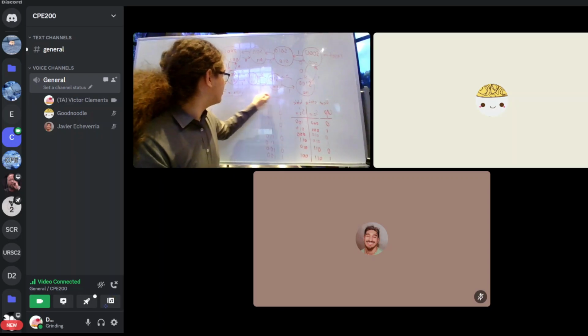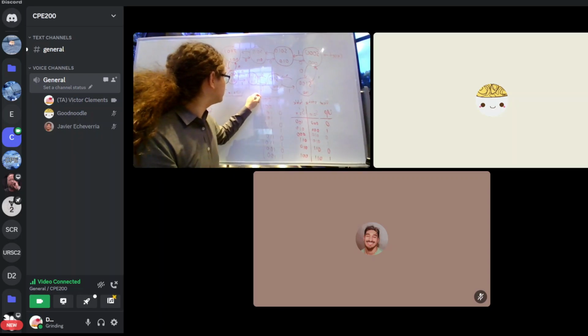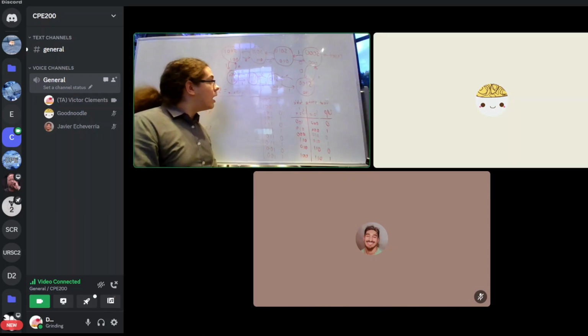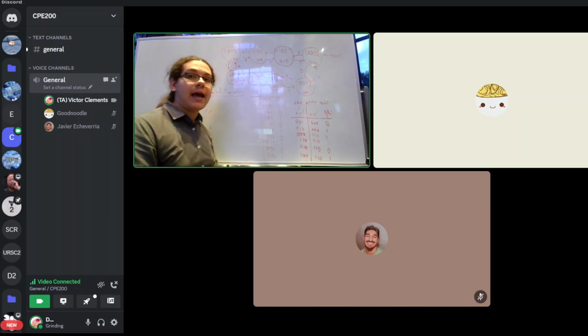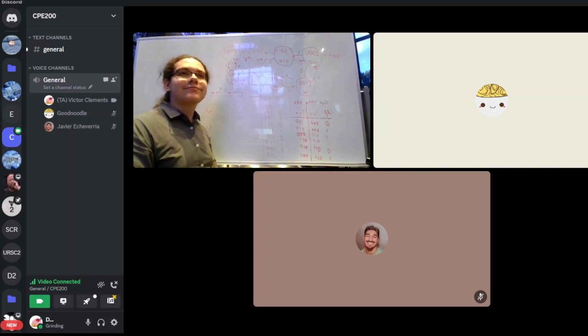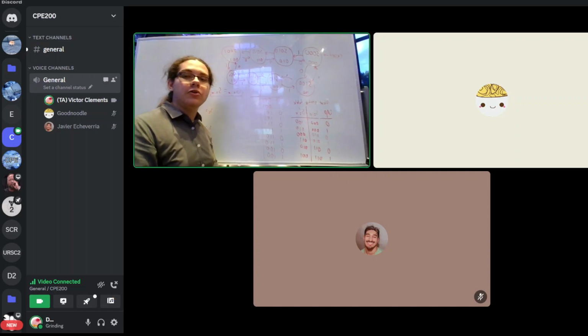Would you go straight to K-maps with this instead of Boolean? Up to you. But there are 4 inputs, so a K-map would not be a bad idea at all. I think that'd be a good idea. Since there are 4 inputs, K-map's fine. You can do 4.